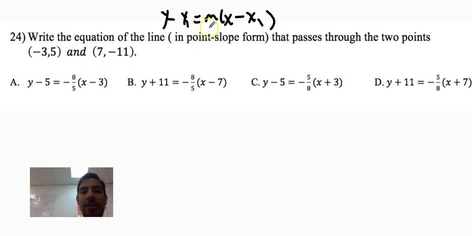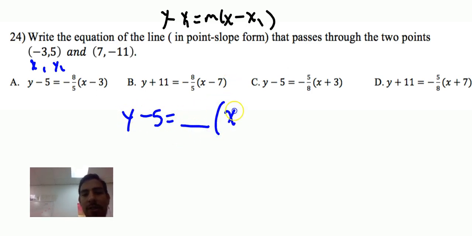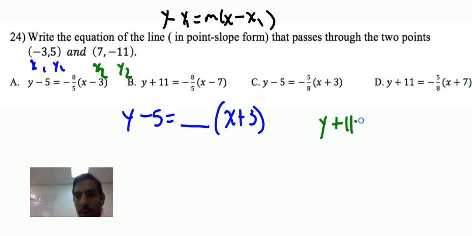Point slope form, I need a slope and I need a point. I've got 1 point and all I need is 1 for the point slope form, so I could set this up as either y minus 5 is equal to the slope, we'll leave that blank, parentheses, x plus 3, or, and again, you could do either one, y plus 11 is equal to the slope, parentheses, x minus 7.